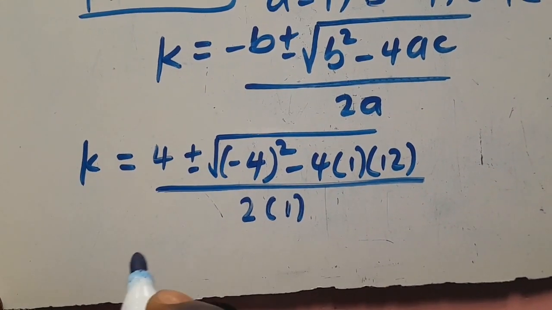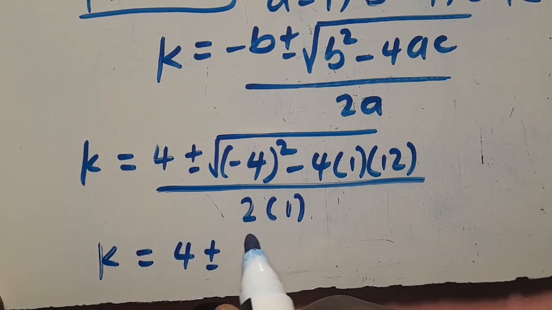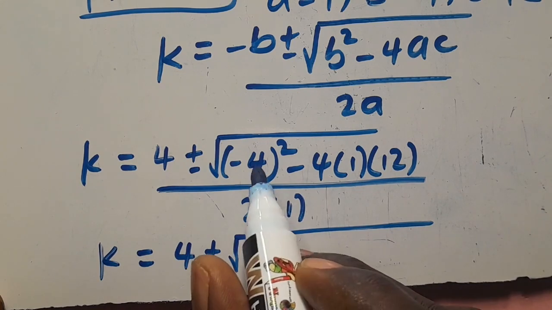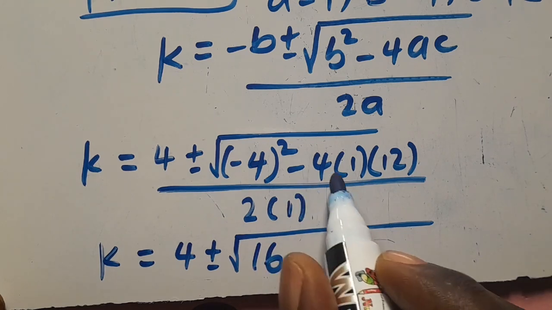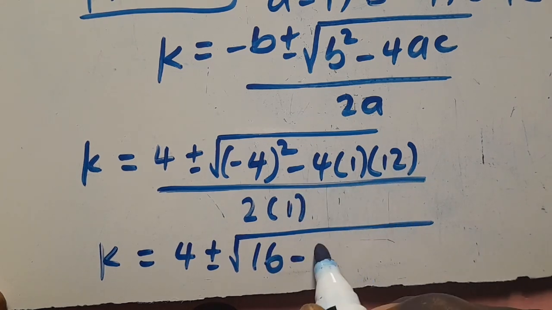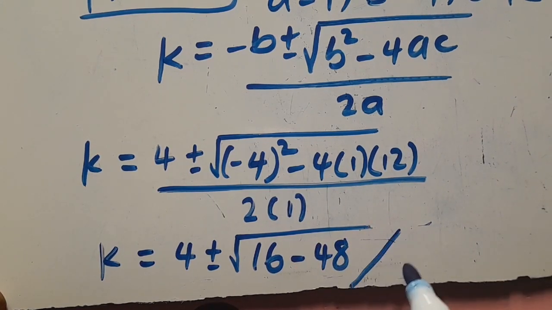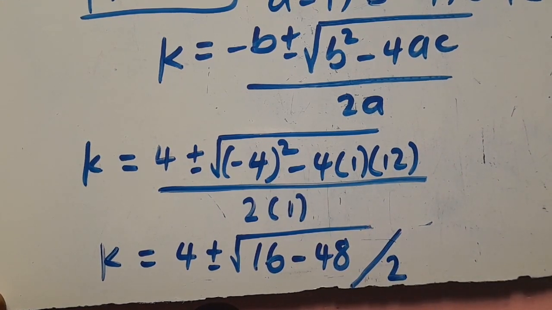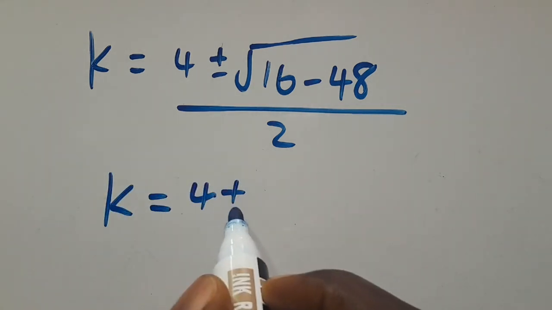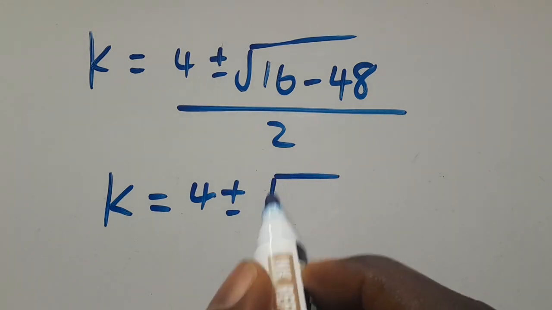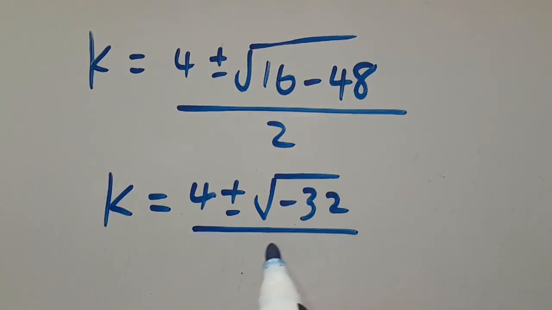So from here we have k equal to 4, positive or negative, square root of this to the power 2, which will be 16, minus 4 times this, which will give us 48. Then all divided by 2. So we have k equal to 4, positive or negative, 16 minus 48 will give us minus 32, all divided by 2.